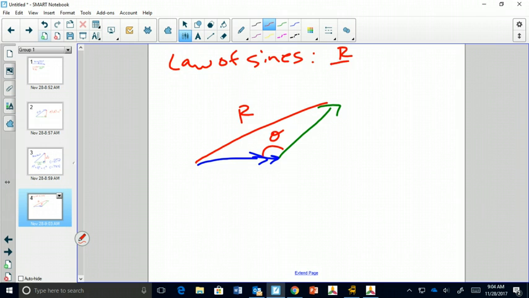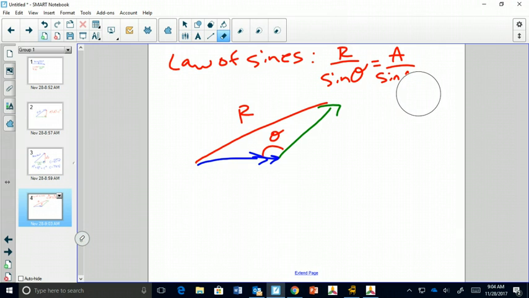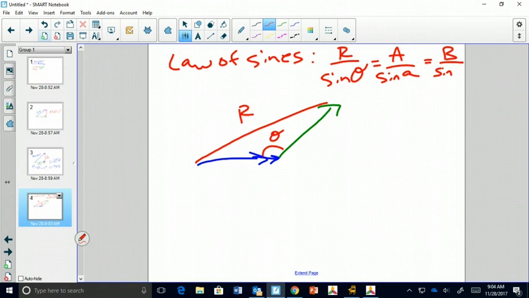R divided by the sine of theta, theta being the angle between these two, is equal to a divided by the sine of A, and then b divided by the sine of B.